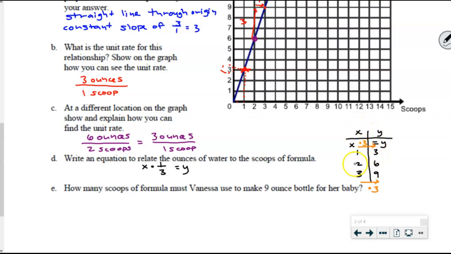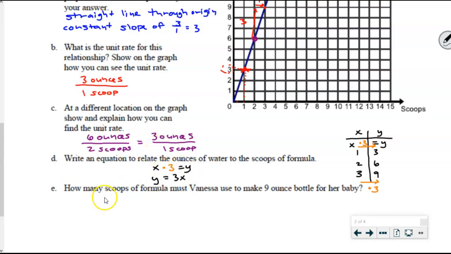So you do recognize that relationship, that 1/3 of the amount of water is how many scoops, but how we write that down in equation form is a little bit different. So the x changes by multiplying by 3 to become a y. X times 3 equals y, or we can write y equals 3x.